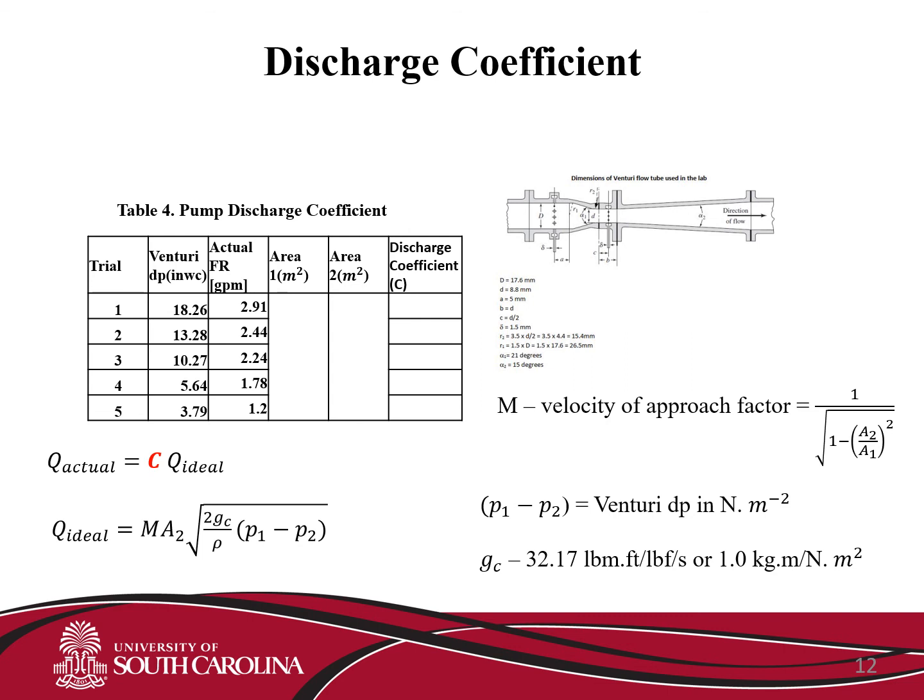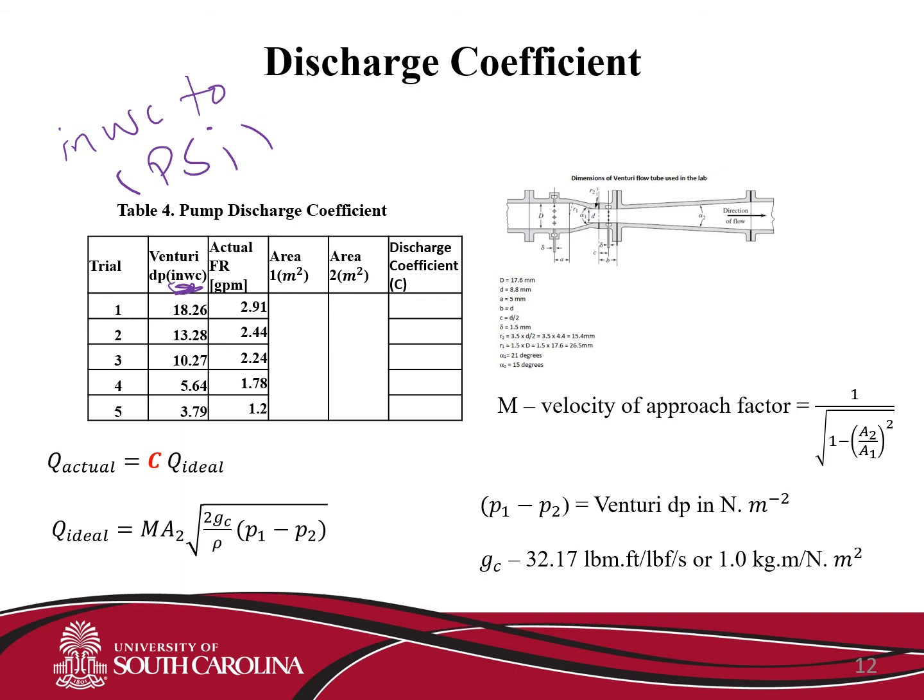And finally, discharge coefficient. How to calculate the discharge coefficient? You find the Venturi dB. As I told you, make sure to change the unit. Convert inches of water column to PSI, or you can use Newton per meter square.